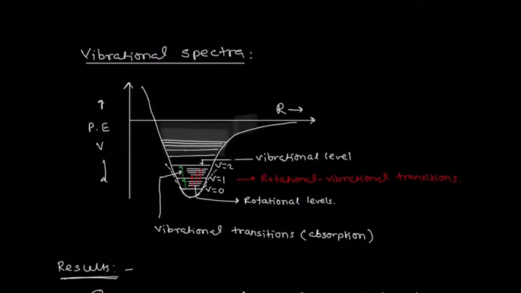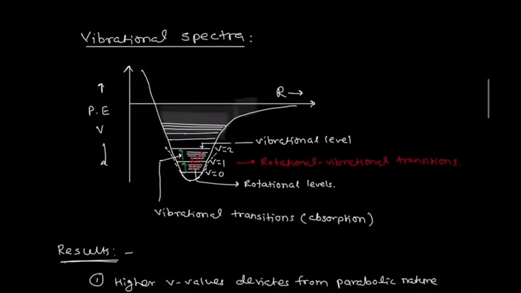Within the vibrational energy levels, there are a number of rotational energy levels, as shown here. A transition can take place from one of the rotational levels in a vibrational state to another rotational level in the next vibrational state. Now, what are the results?